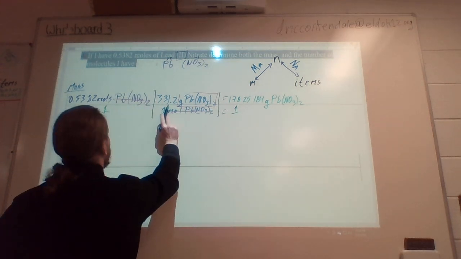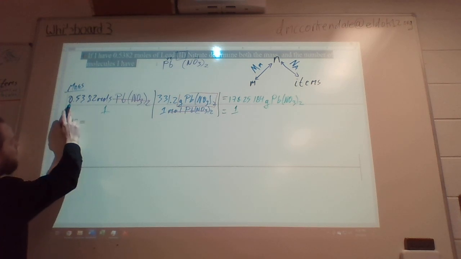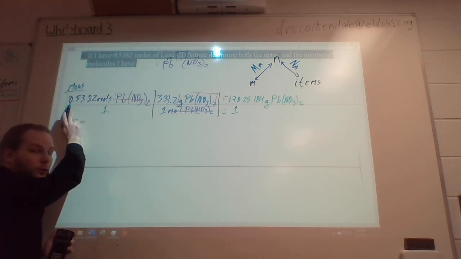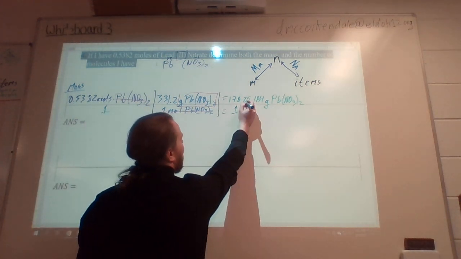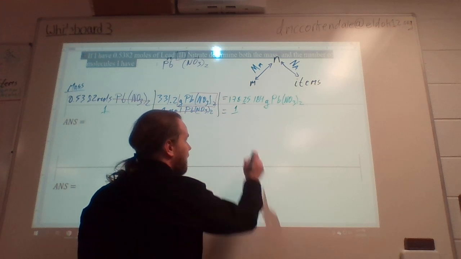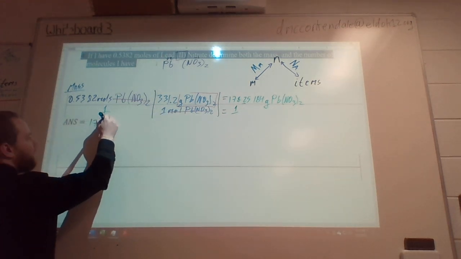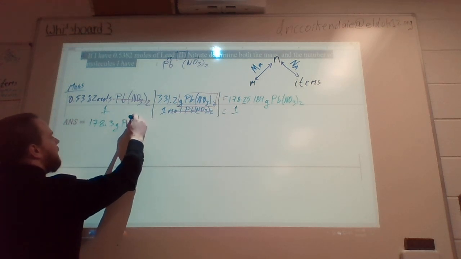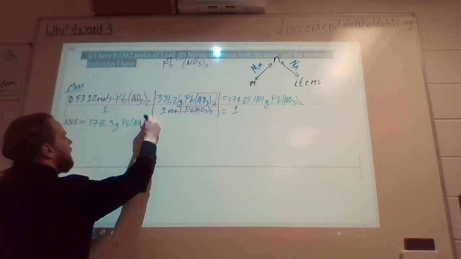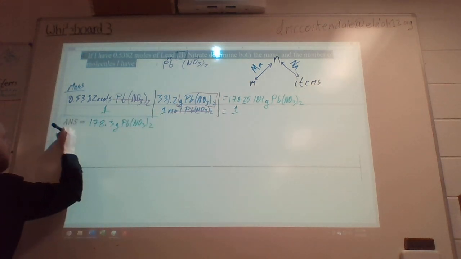So with a 4-digit number and another 4 sig fig number, because that 0 is a placeholder, not a sig fig, it doesn't count, which makes both of these 4. So we are going to round at our 4th digit. 5 is going to make the 2 go up. So our final answer is 178.3 grams PbNO3(2). And that's going to be it.